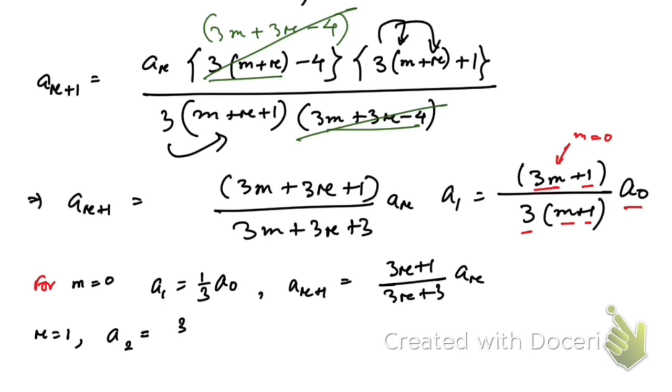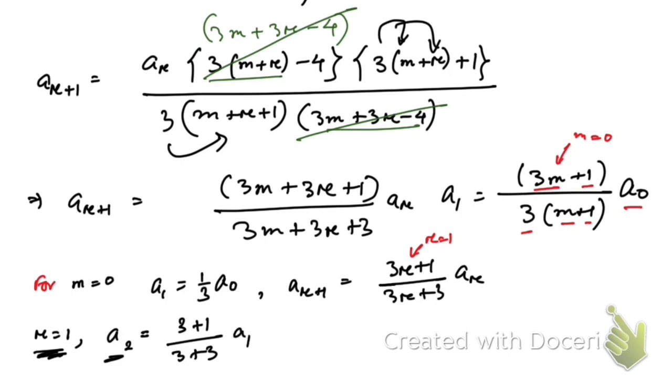On putting r is equal to 1 we are getting a2. So if you put r is equal to 1, what is going to be the value here? 3 times 1 is 3, plus 1, by 3 plus 3, into a1. That's what we're going to have.